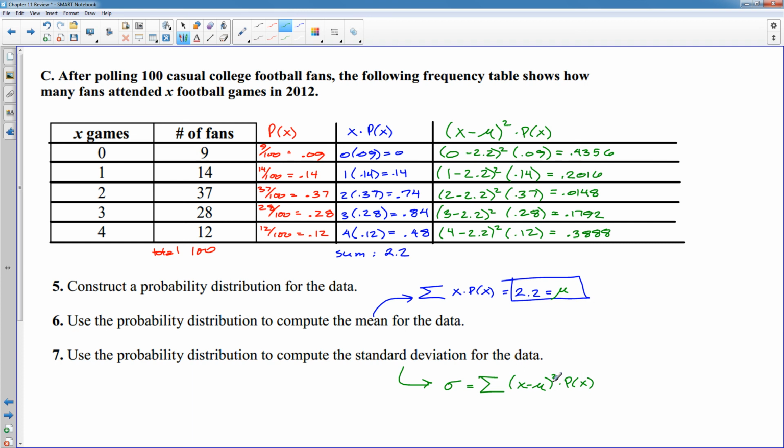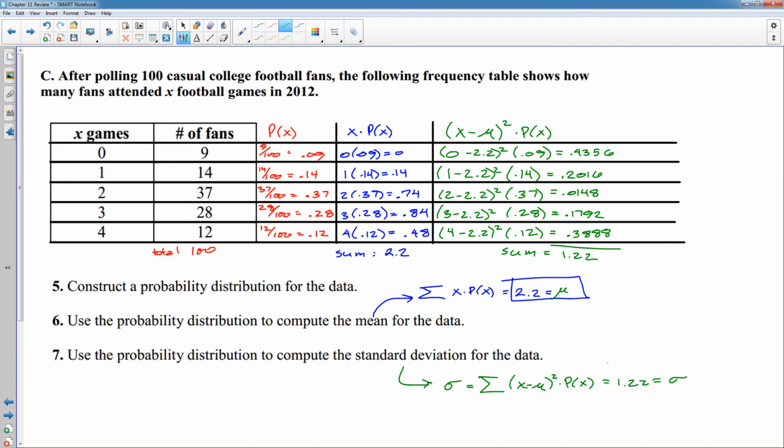So we will punch those numbers in, 0.4356 plus 0.2016 plus 0.0148 plus 0.1792 plus 0.3888, and we get exactly 1.22. So we add all of these together, and the sum is 1.22. That is your standard deviation.